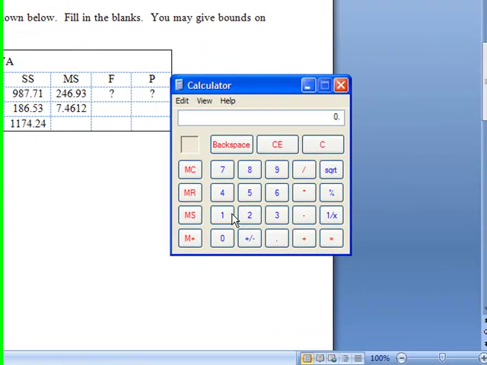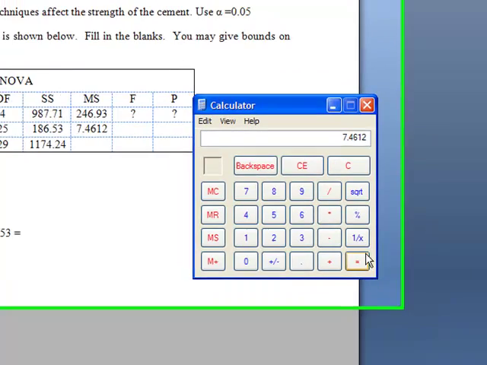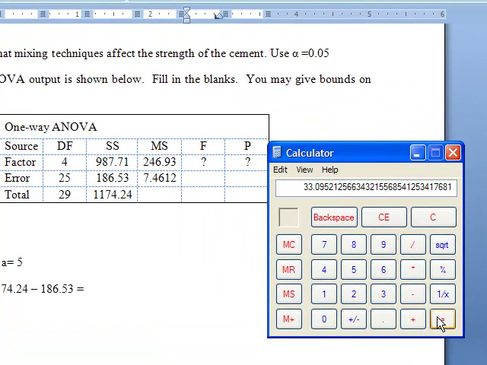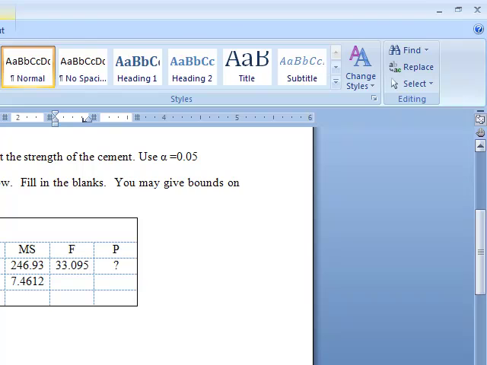I will put these values here: 246.93 divided by 7.4612, and the F value we get is 33.095. Now we need to calculate the p value.